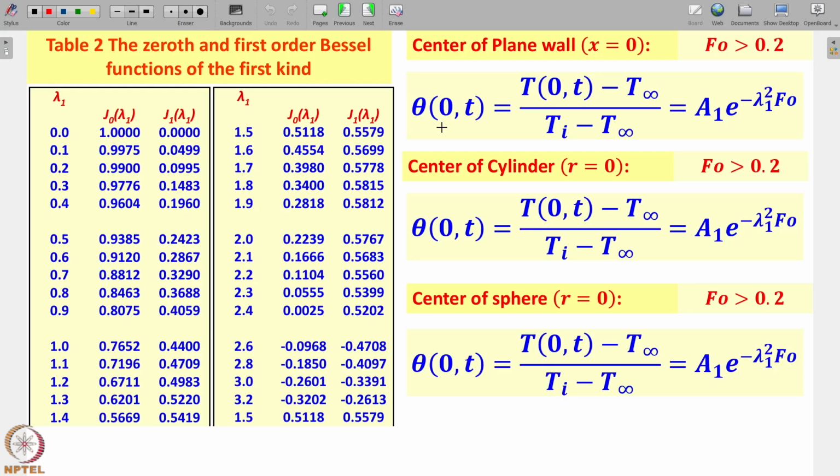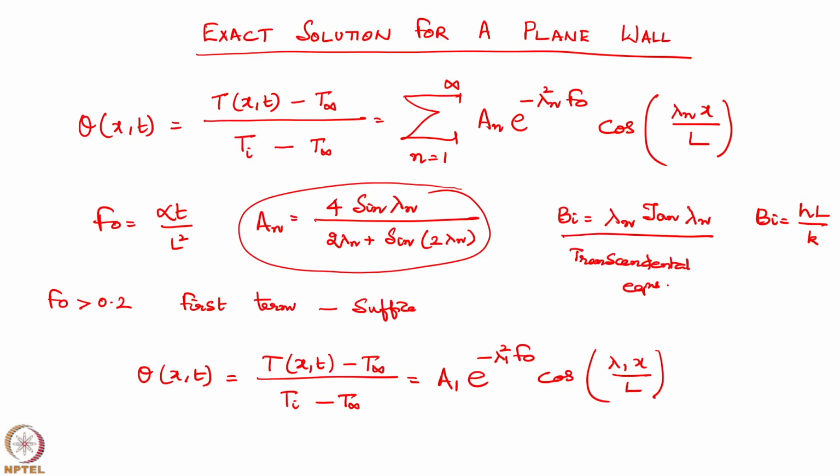Okay. So at the center of the plane wall, what will happen? If you take x equal to 0, cos of 0 will become 1. So you will have only theta at 0 comma t equal to A1 e to the power of minus lambda 1 squared Fourier number.